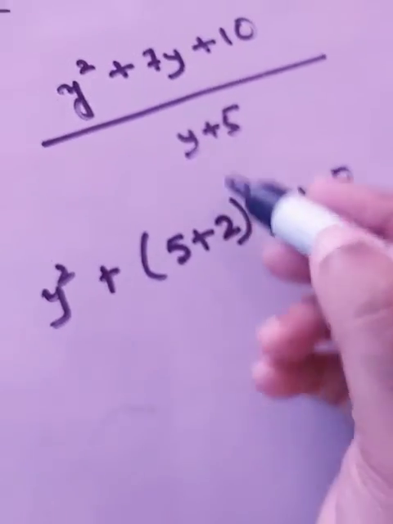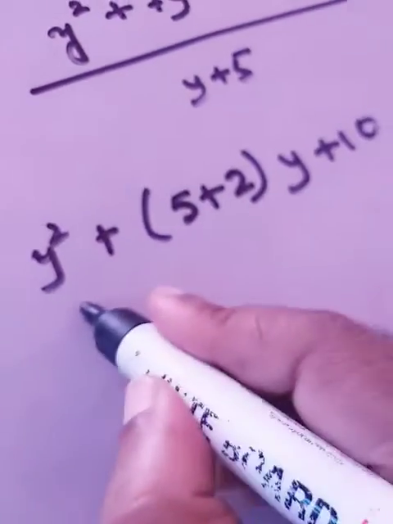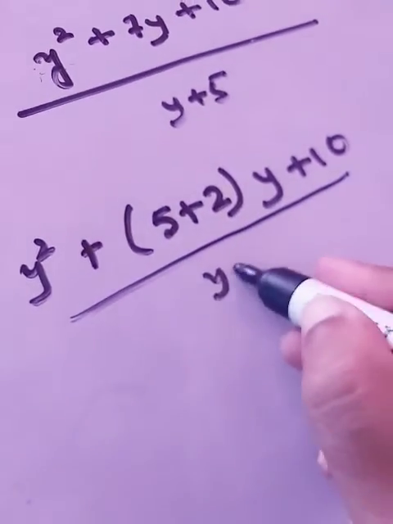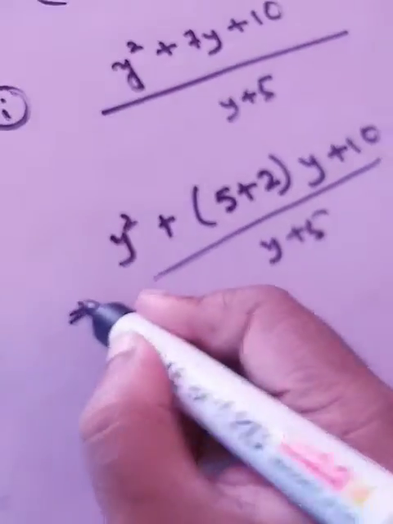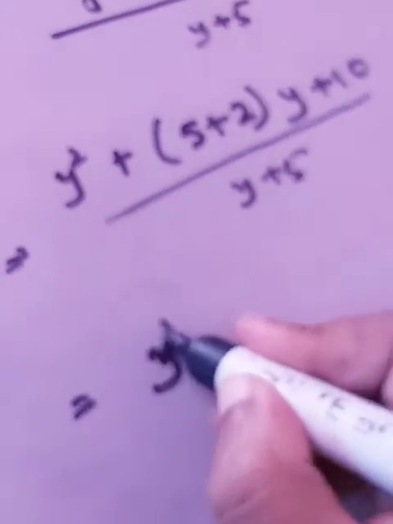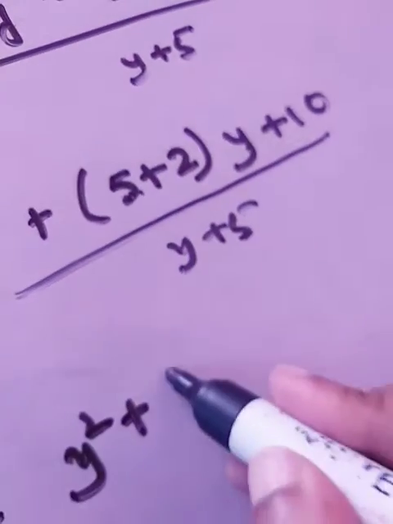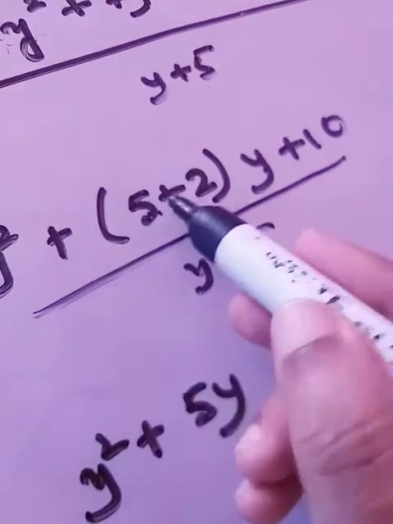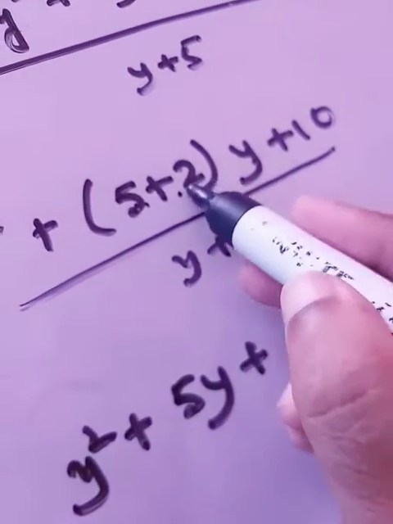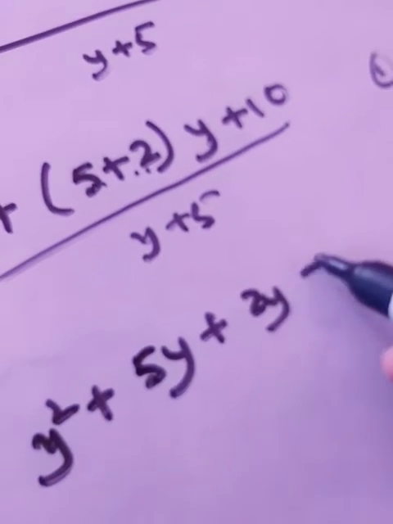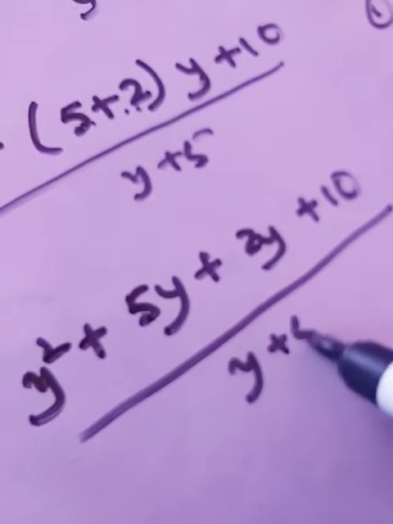So 5 plus 2 is 7, isn't it? Before opening the bracket, write the denominator also. Now y into y plus 5 is y square plus 5y, plus 2 into y plus 5 is 2y plus 10, divided by y plus 5.